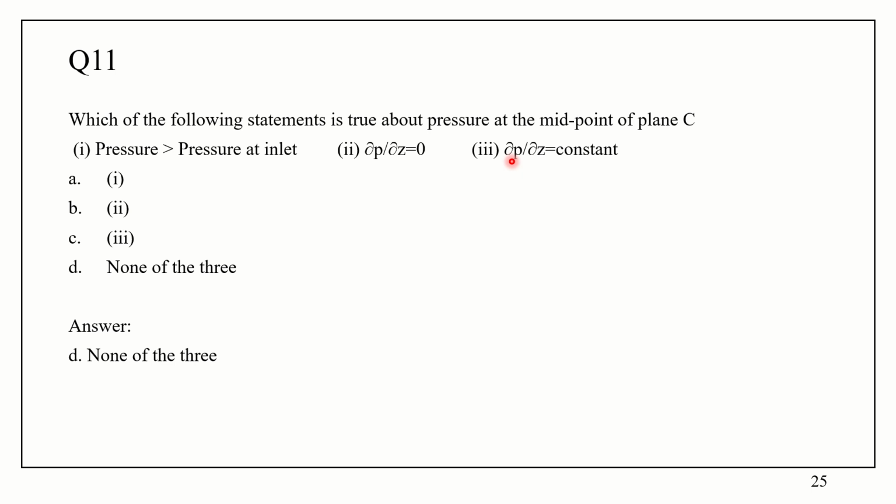Again, dou P by dou Z equal to 0 means there is no variation in pressure, so again it is false. And third is dou P by dou Z equal to constant. It is not true at the midpoint of plane C. After that it will be true, but not at the midpoint of plane C. So option D, none of the three, is the right answer.